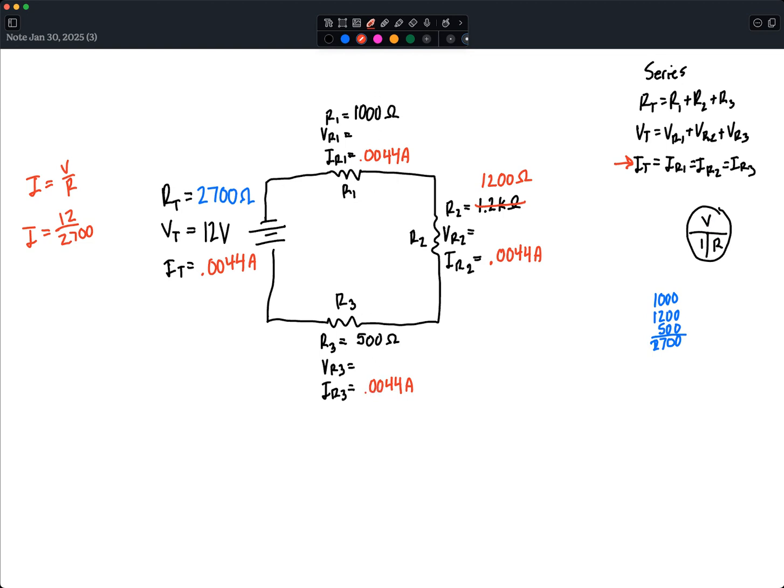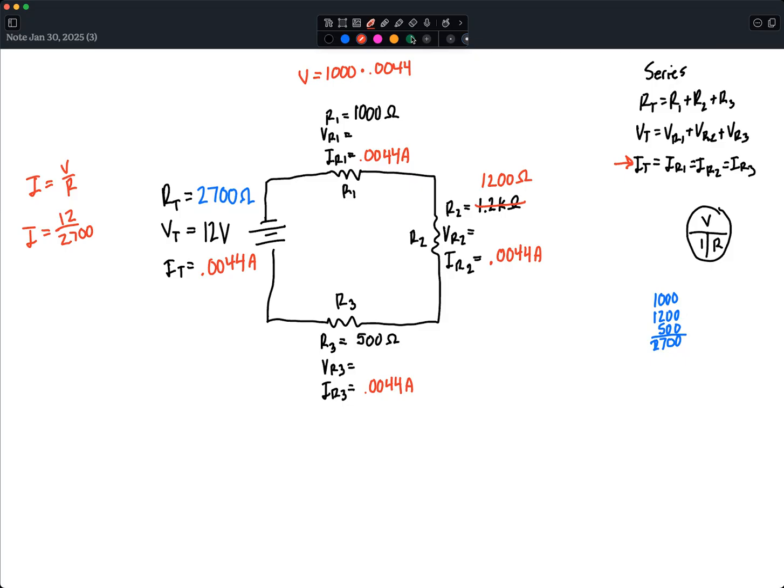So let's try that. V equals 1,000 times 0.0044. And just so we're clear, I rounded a little bit on that 0.0044. I would encourage you not to round if you have a calculator that can handle it.